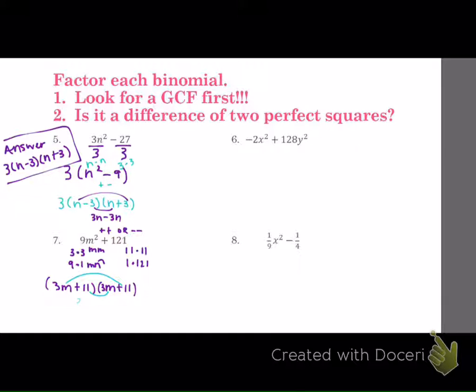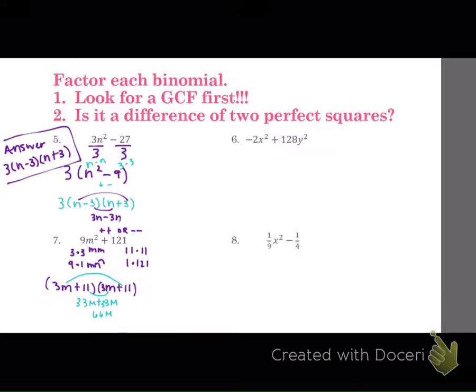If I do my middle terms, I get 33m plus 33m. So that is 66m. Did that cancel out? No. If I change the signs, is that going to matter? No, that would just make it negative 66m. Does that matter? Can I do one of each sign? Am I allowed to in this case? No. Why not? Well, it's not a negative 121. We want a positive 121 in the end.